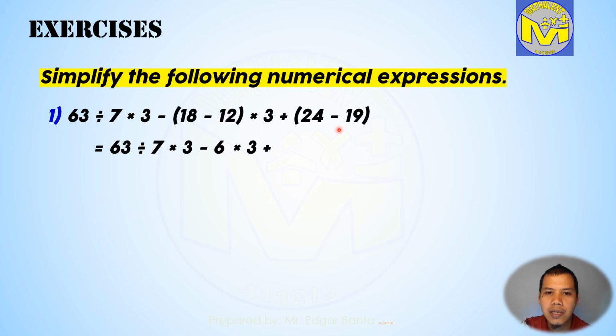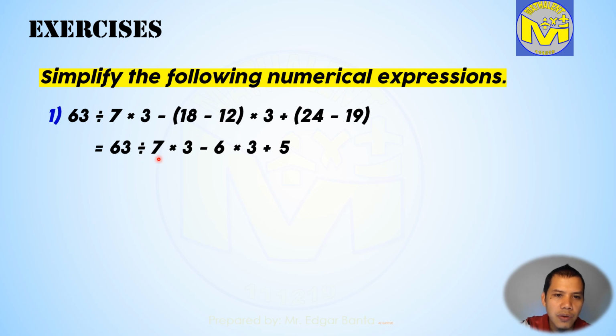24 minus 9 is equal to 15. Okay. Next, what is the next step? You see, we have groups of division and multiplication here, and then the multiplication here. So we will do DMAS, right?